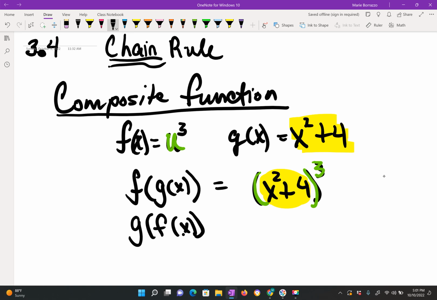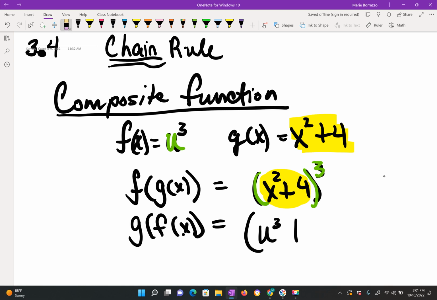In this case, g of f of x would be u cubed squared plus 4. That would work.